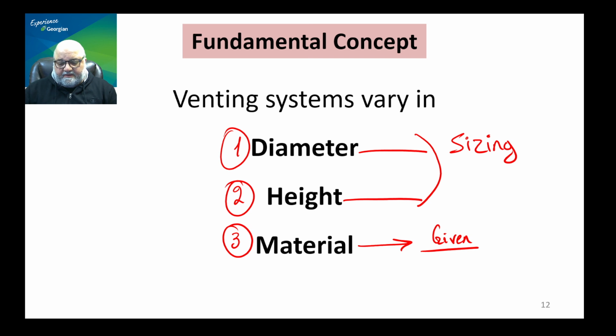Then you can decide what to use. But usually material is given to you as far as the scope of the sizing in unit 22. You're going to be told it's either a chimney, a tile-lined chimney, or a type B double wall vent. That's it. You're not supposed to be guessing what material you're going to use.